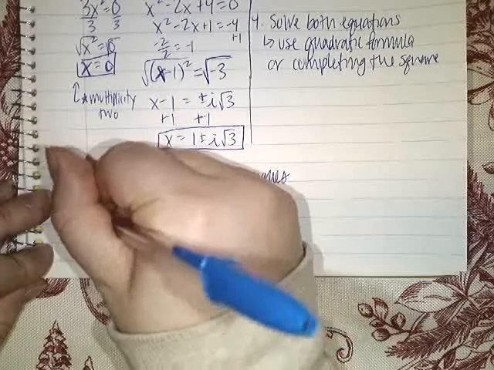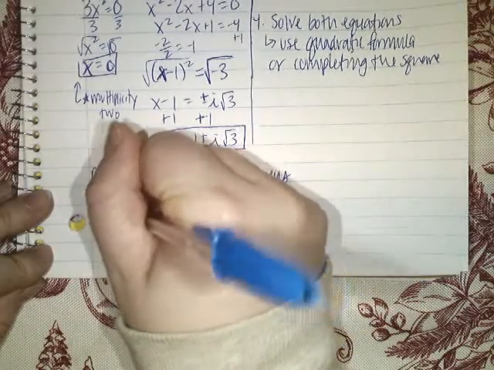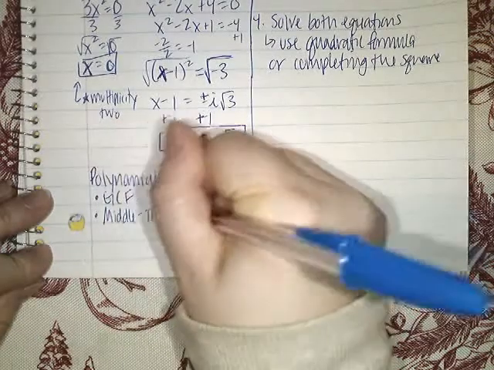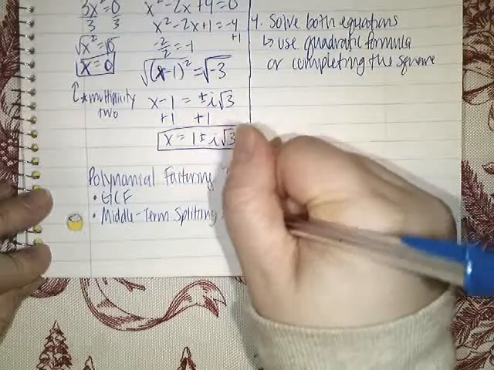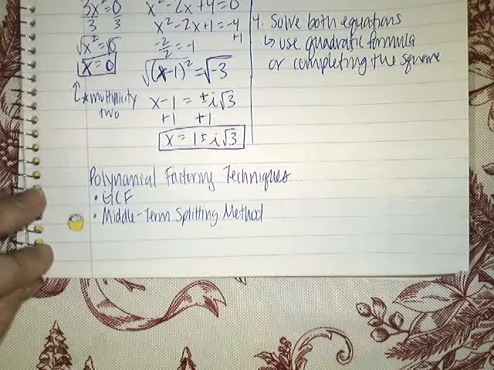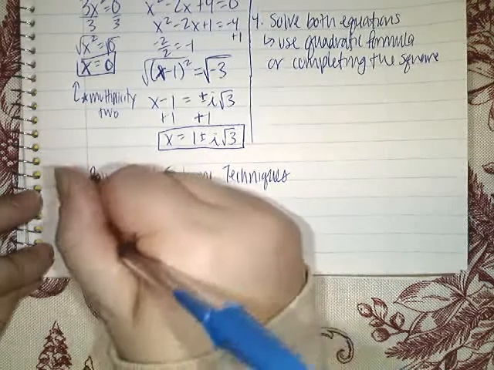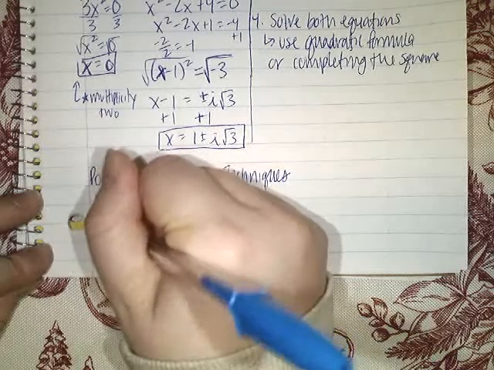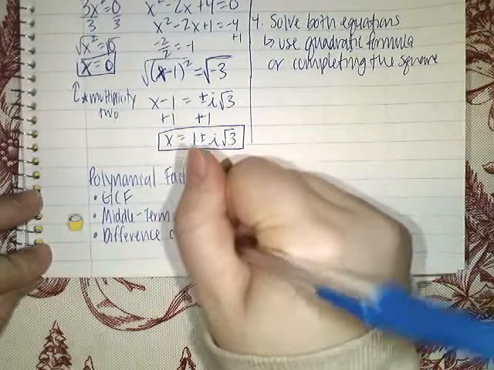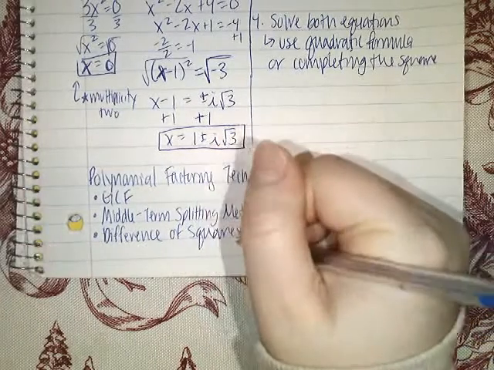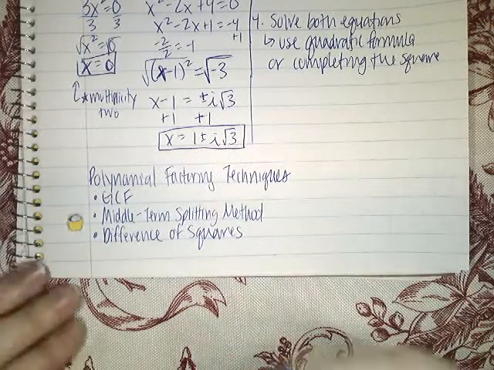We know the middle term splitting method. And again, like I mentioned earlier this year, it's always really important to know factoring. It will keep coming up. So we know the difference of squares. We know factor by grouping.